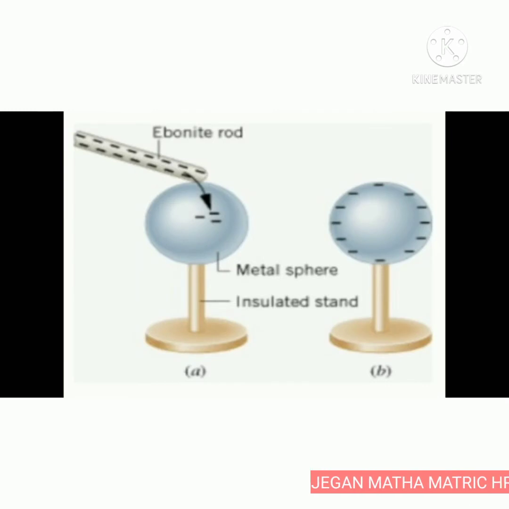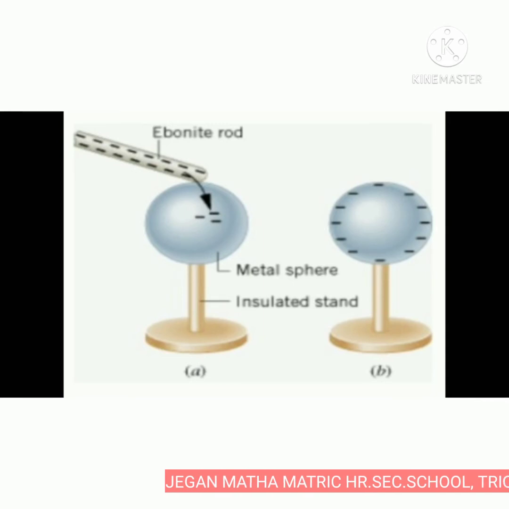When an ebonite rod made of vulcanized rubber is rubbed with fur, the fur transfers electrons to the ebonite rod, because the electrons in the outermost orbit of the atoms in the fur are loosely bound as compared to the ebonite rod.